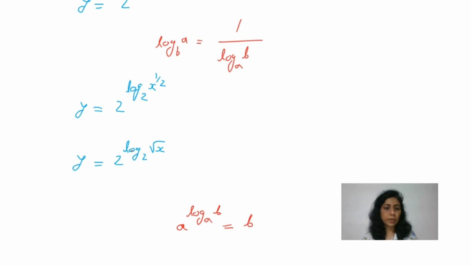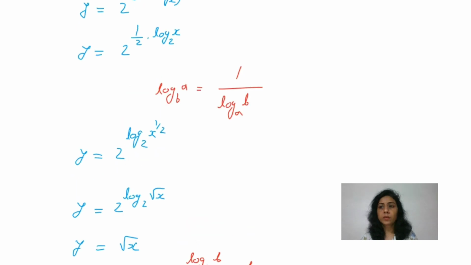This property we apply here, so y is equal to 2 to the power log square root x base 2. Since the base and the 2 are the same, they cancel and we are left with square root x.